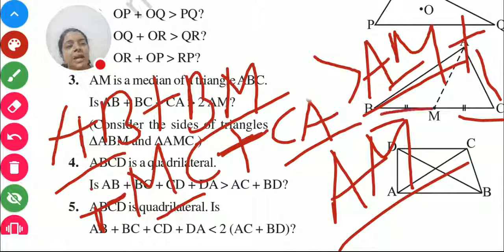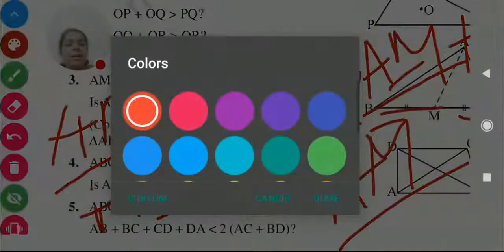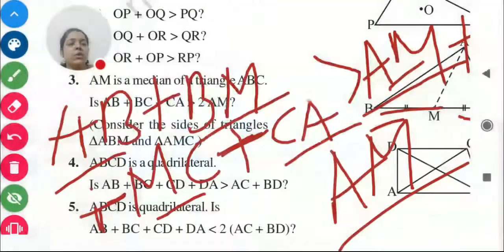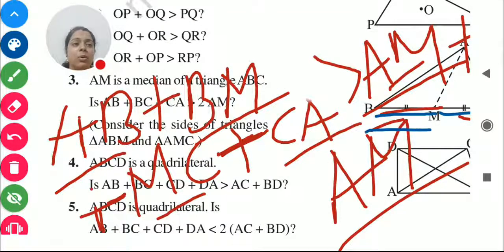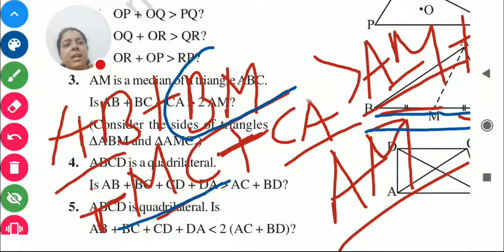What important matter? Just see here. I'm just changing the color now so that it will be clear. You just see BM and MC in total is equal to BC, right? When we take this BM and MC, what can we write for it?